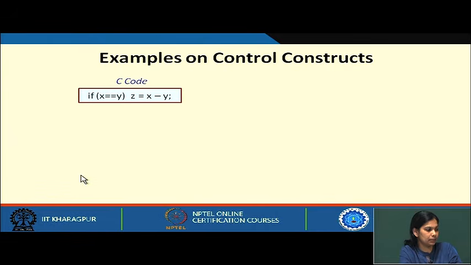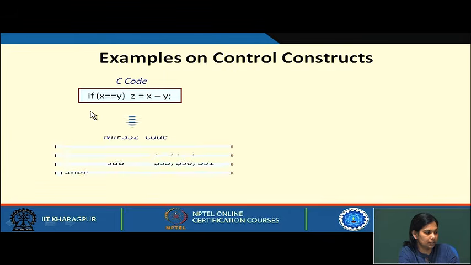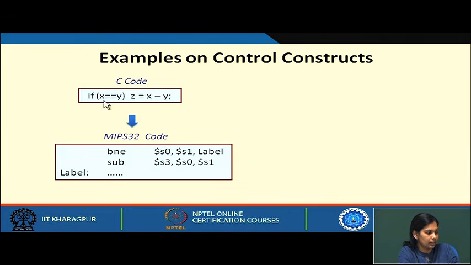Let us see some examples of control constructs. In C, we often do this: if x equals y, then do something, or if x is not equal to y, do something else. Let us see how we can convert this particular C code. If equal, then we do this.